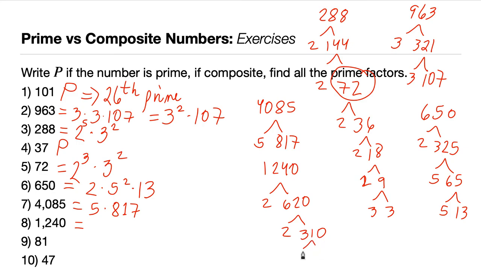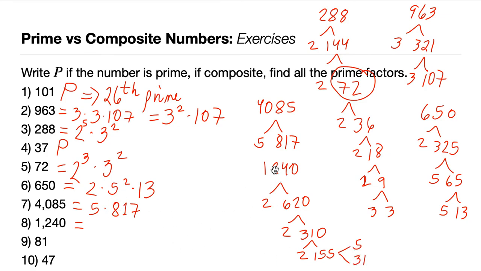This is still divisible by 2, so we have 155. This is divisible by 5, and then this is going to be 31. Let's believe that 31 is a prime number.